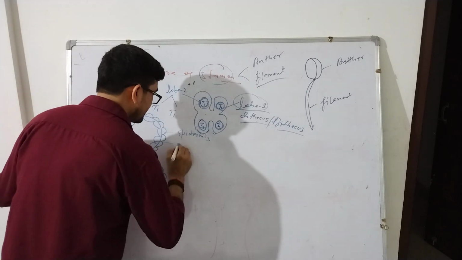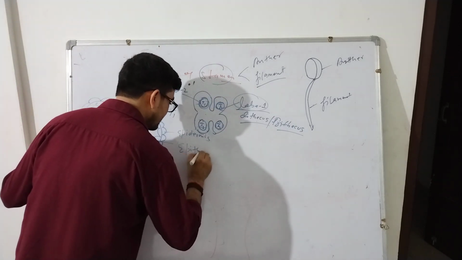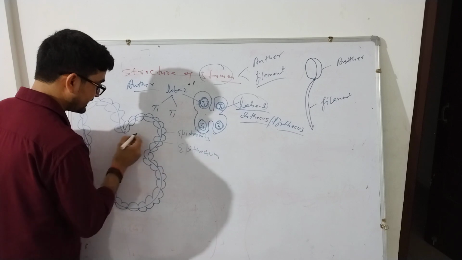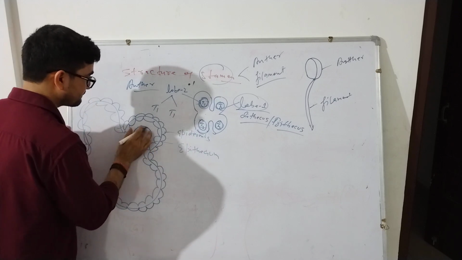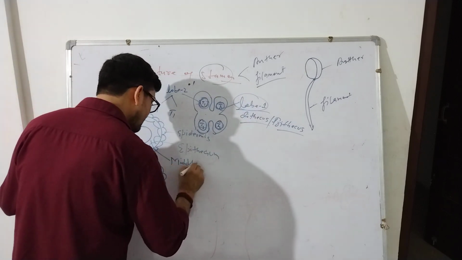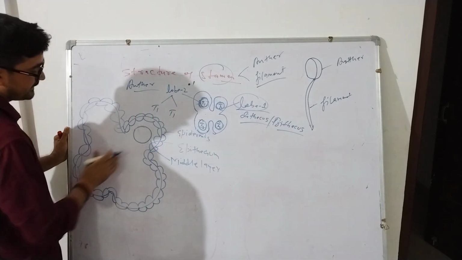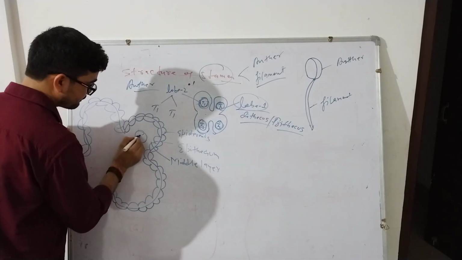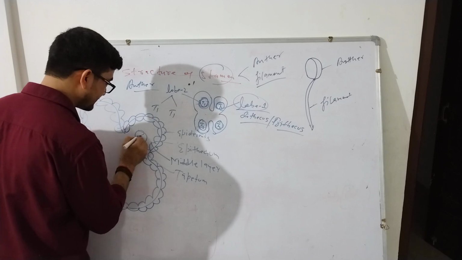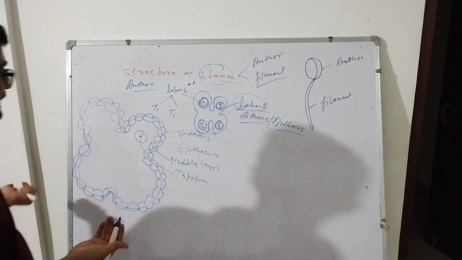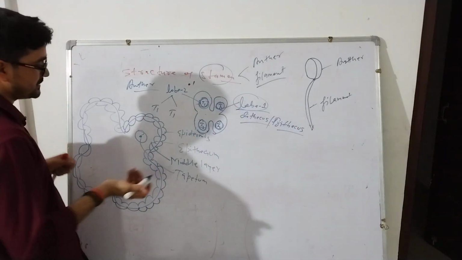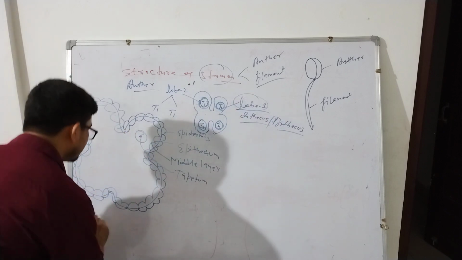This is the endothecium, then the middle layers, and that is the tapetum. In the tapetum there may be two nuclei or more than two nuclei; 2, 3, 4 nuclei are possible. So this is the structure of a young anther.